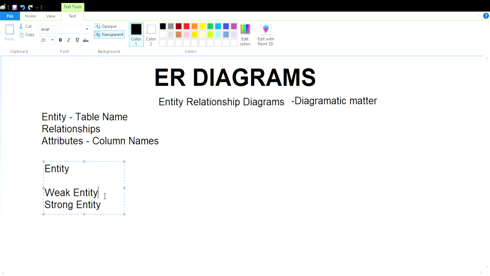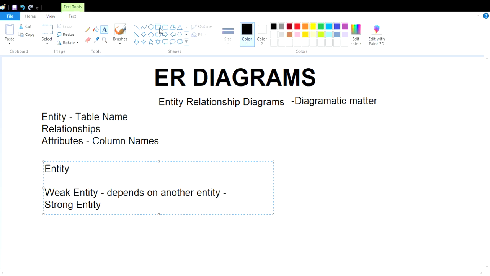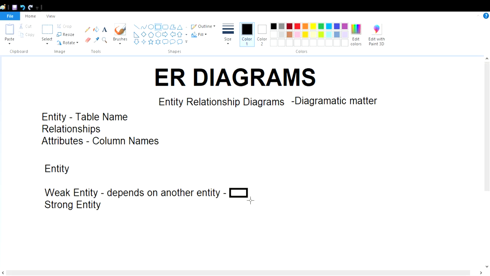A weak entity is an entity that depends on another entity. That is called a weak entity, and it is represented by a rectangle symbol.